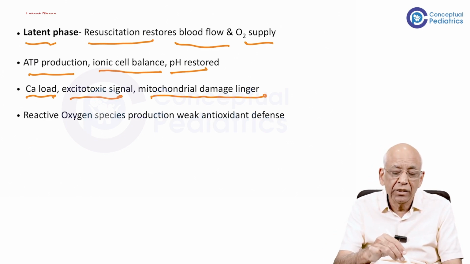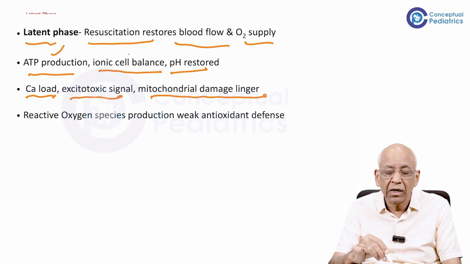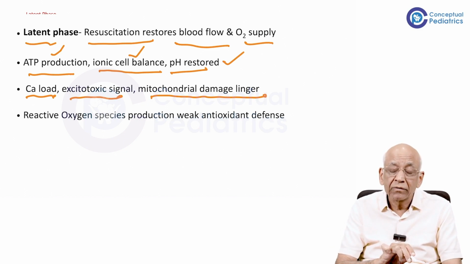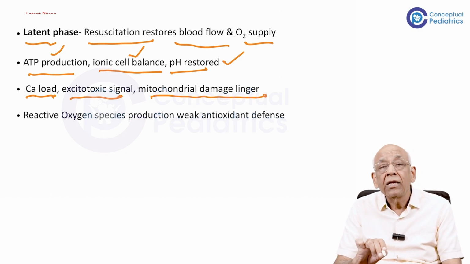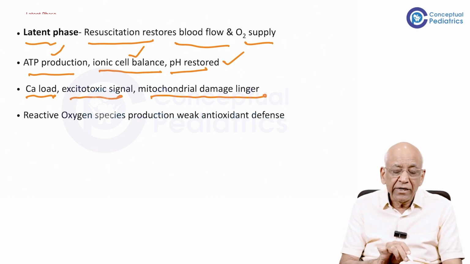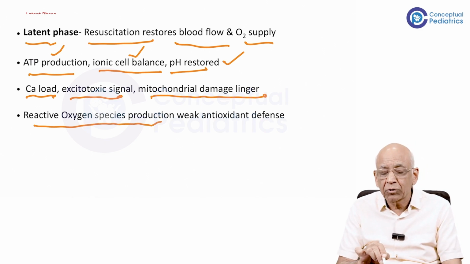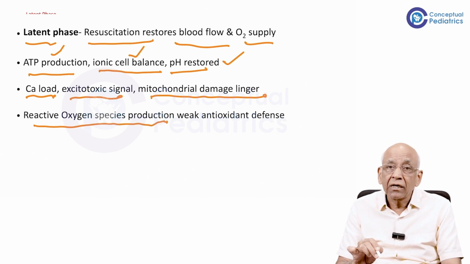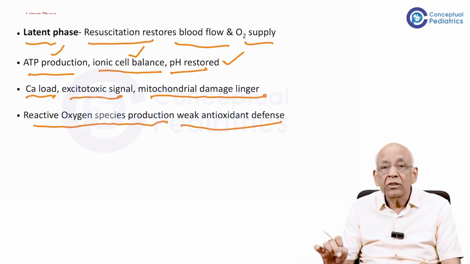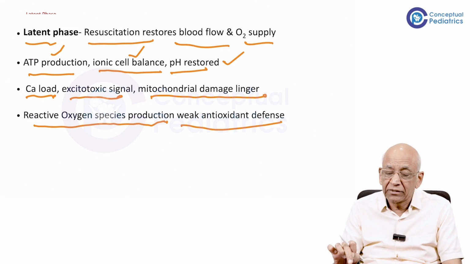The ATP part has recovered, some ionic cell balance has been there, and some pH has been restored, but the calcium load, excitotoxic signal, and mitochondrial damage are persisting. And reactive oxygen species production is there, against the weak antioxidant defense of the newborn. So, this is the latent phase.